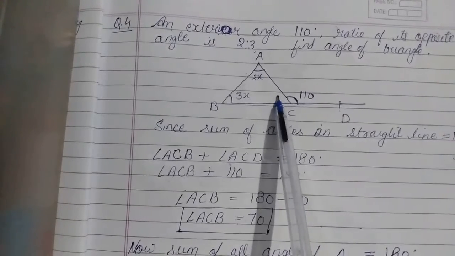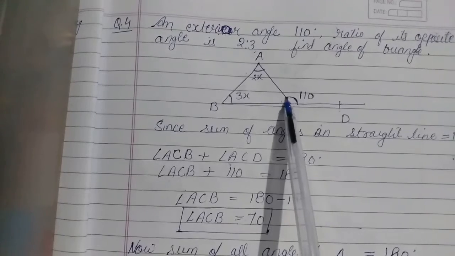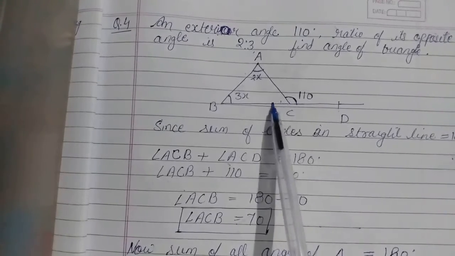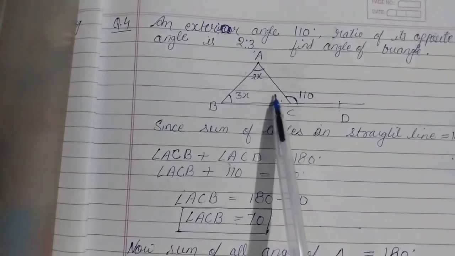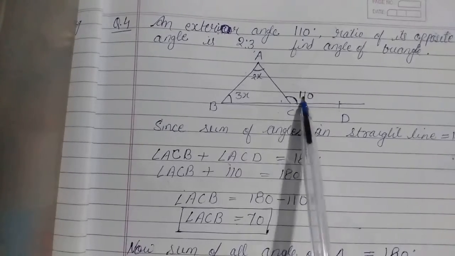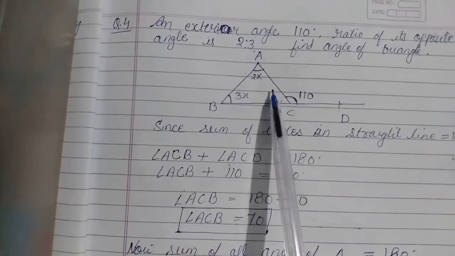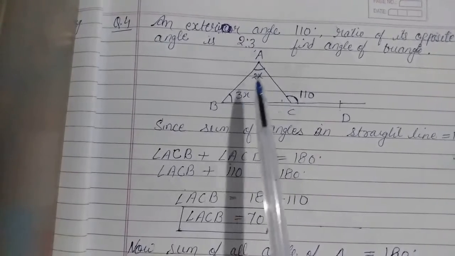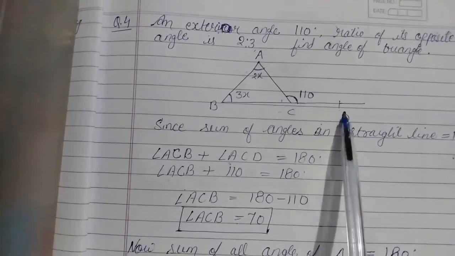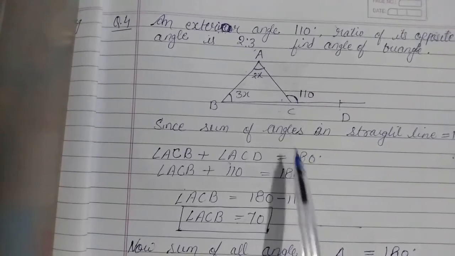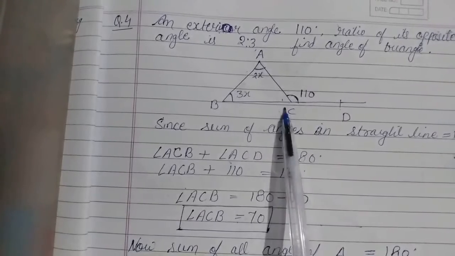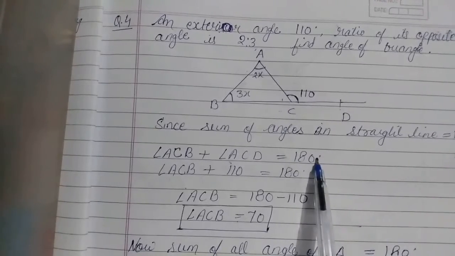So here we know that the sum of angles on any straight line is equal to 180 degrees. That means this angle and this angle will be equal to 180 degrees. So we can write angle ACB plus angle ACD, that means this and this, is equal to 180 degrees.